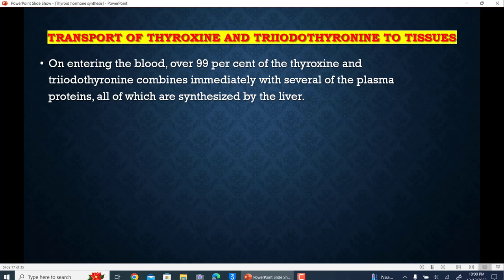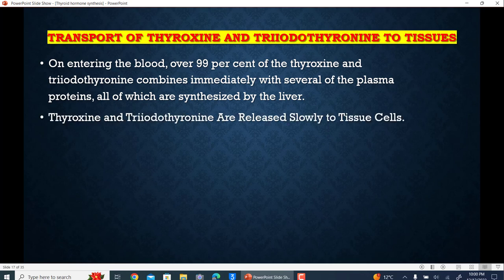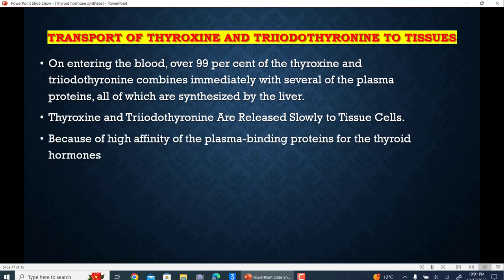Transport of thyroxine and triiodothyronine to tissue. On entering the blood, over 90% of the thyroxine and triiodothyronine combine immediately with several plasma proteins, all of which are synthesized by the liver. Thyroxine and triiodothyronine are released slowly to tissue cells because of the high affinity of plasma binding proteins for thyroid hormones.